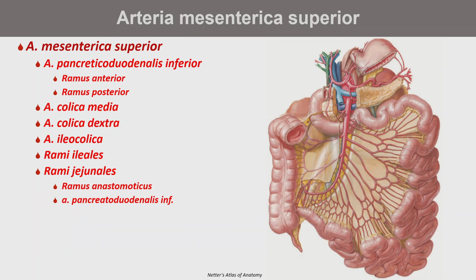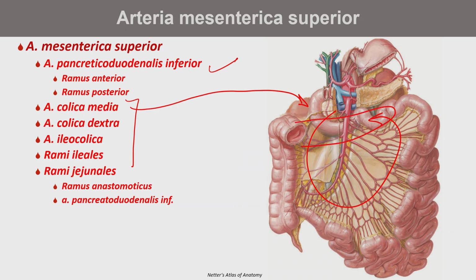The superior mesenteric artery is very easy to understand. We have pancreatic vessels, but then we have those arteries which go like a circle from right to left. So there is the middle colic artery, which is supplying the transverse colon, which is not seen here.